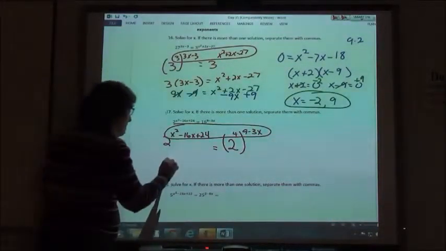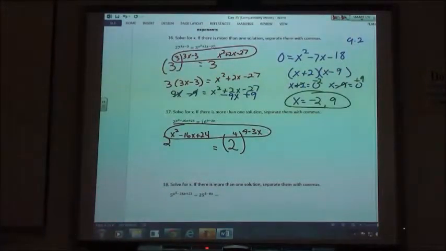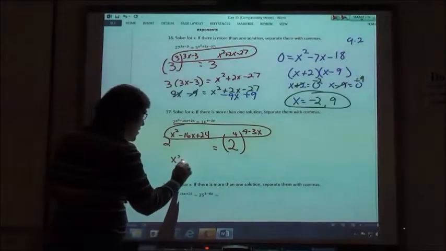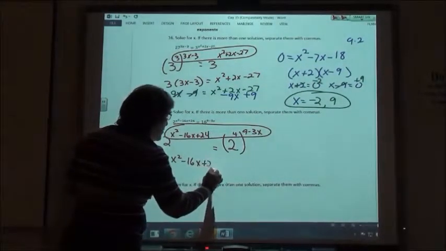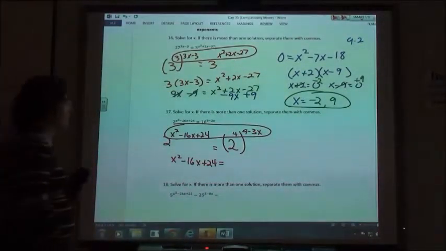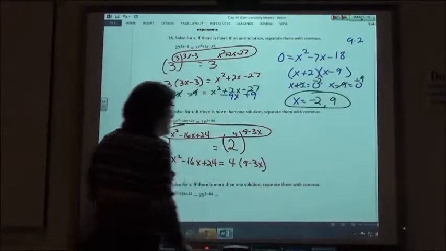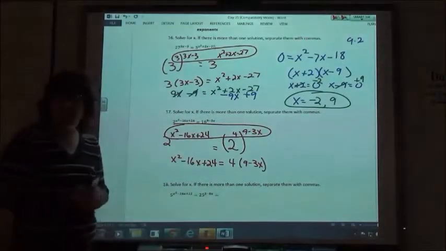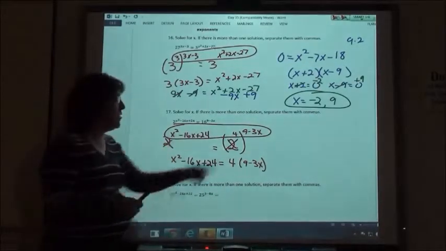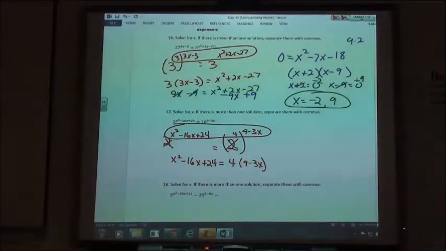It's going to be x squared. The 2 is going to disappear because they're the same, right? So x squared minus 16x plus 24 equals 9 minus 3x. You forgot something in there. Well, 16. We wrote 16 as 2 to the 4th, but we got rid of the 2's, and so it's 4 times 9 minus 3x.